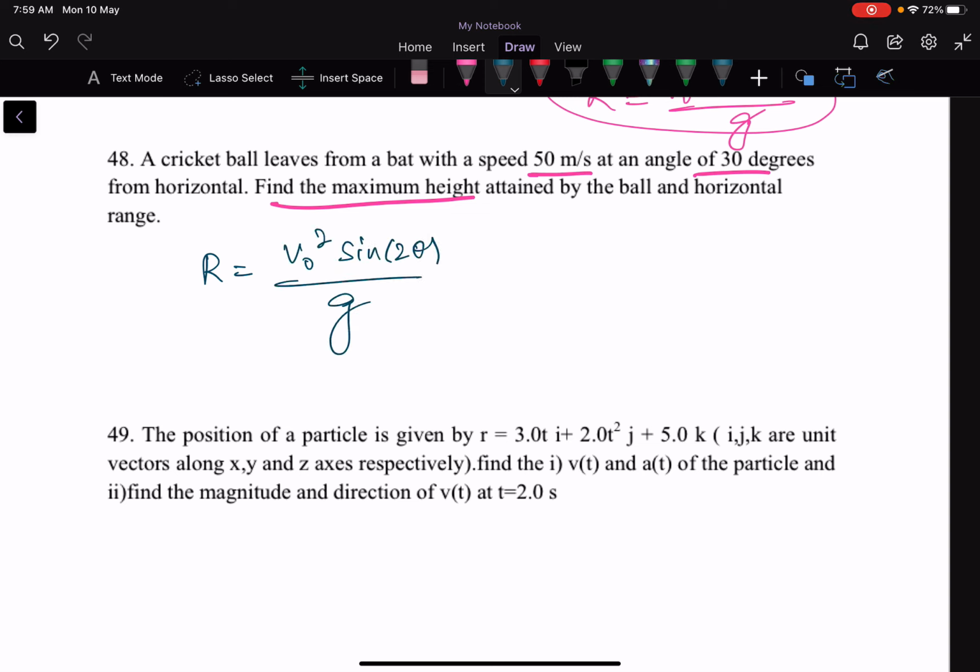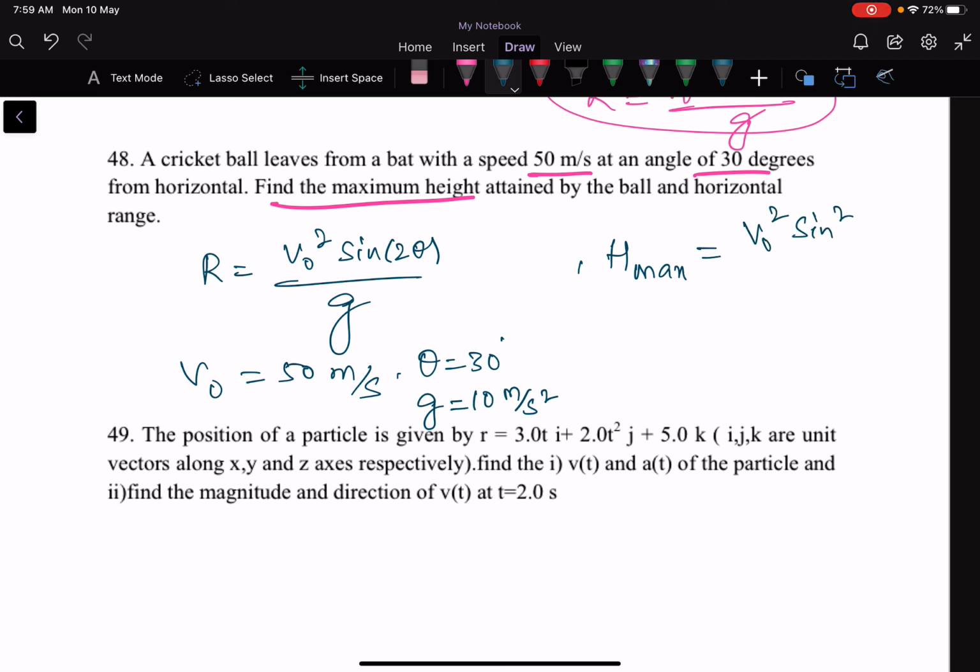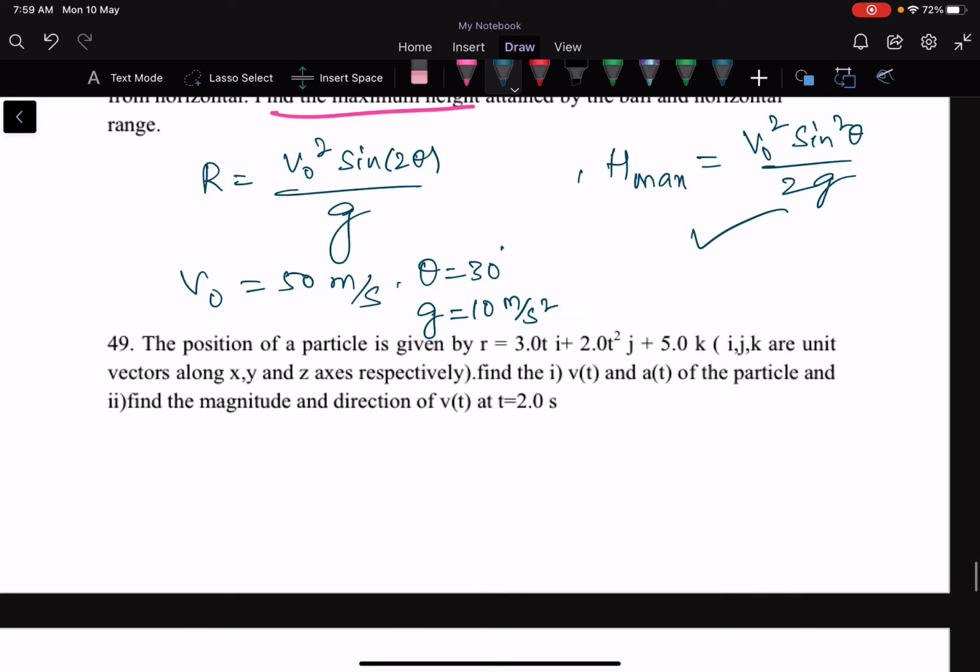He has given v0 equal to 50 meters per second and theta equal to 30 degrees, and you know g is equal to 10 meters per second squared or 9.8 meters per second squared. Substitute this, you will get the answer. Similarly, maximum height is v0 squared sine squared theta divided by 2g. Here you know v0, theta and g, so you will get the answer for maximum height also.